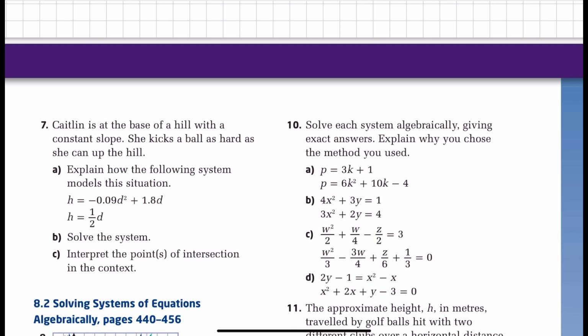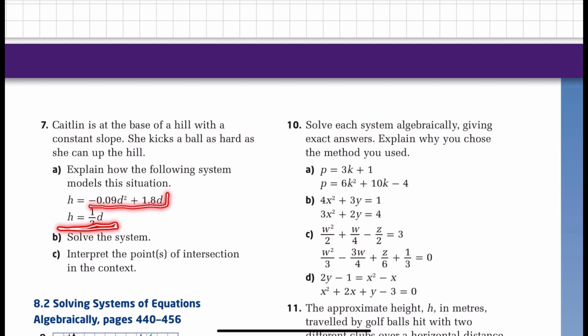Number 7: Caitlin is at the base of a hill with a constant slope. She kicks a ball as hard as she can up the hill. Explain how the following system models this situation. The first one is a parabola equation and the second one is a line equation.